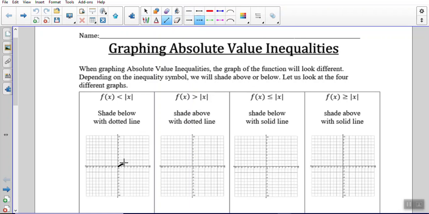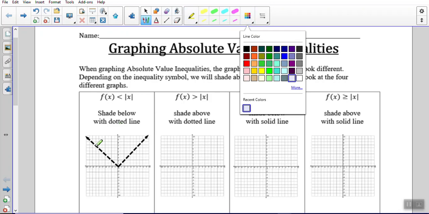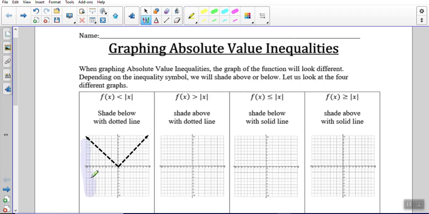This is an absolute value shape, so it would still have the V shape like that, but it would be with a dotted line, and then we would shade below. Let me get a good shading color. So we would just shade down here.